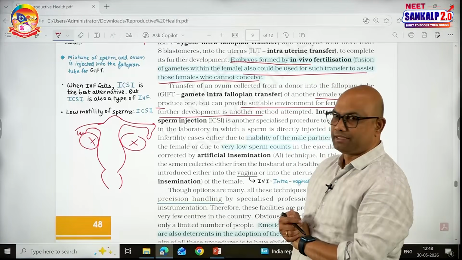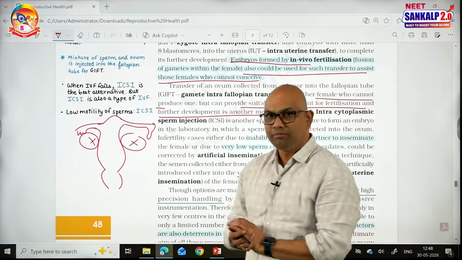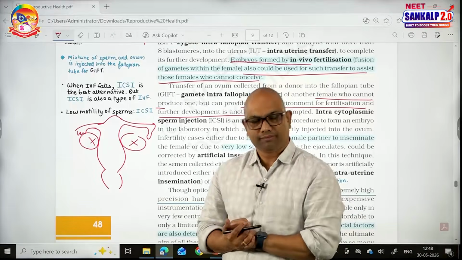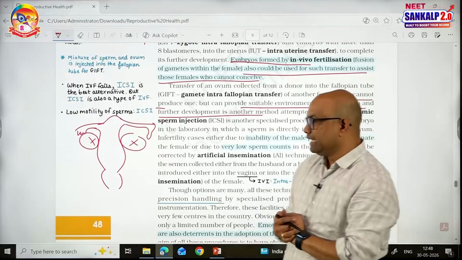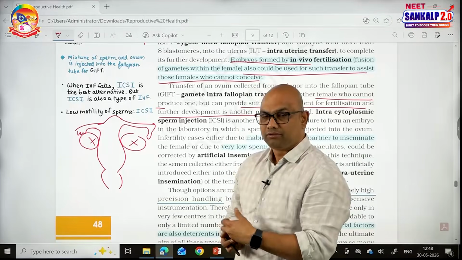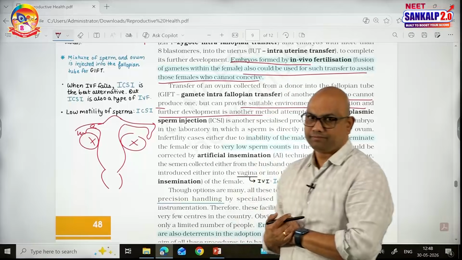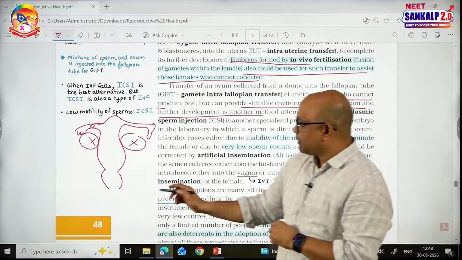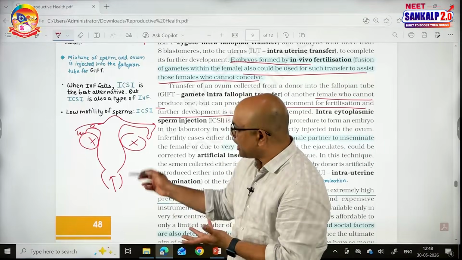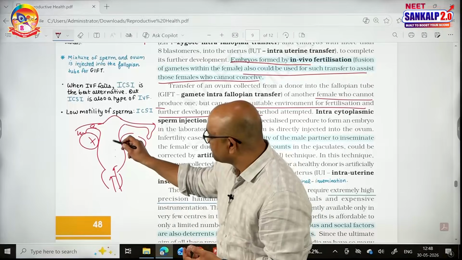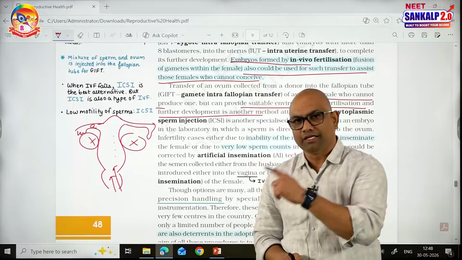What do they do in this method? As she is not producing ovum, they will collect the ovum from a donor and they will inject that gamete, the ovum of a donor, into the fallopian tube of this female. Either by natural mating or by artificial insemination, when sperm reach this area, there is fertilization.